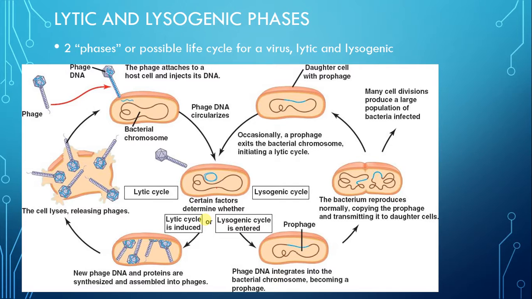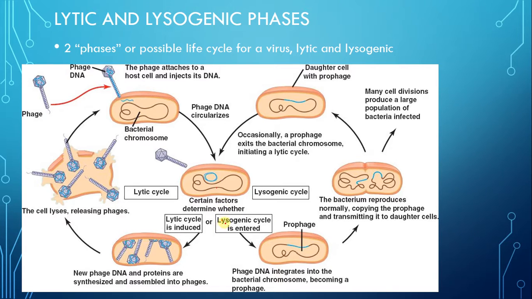The DNA or RNA gets transcribed and translated into proteins, gets replicated, makes new viruses, and those viruses multiply until they burst or lyse the cell, destroy it, and go on to infect many other cells.